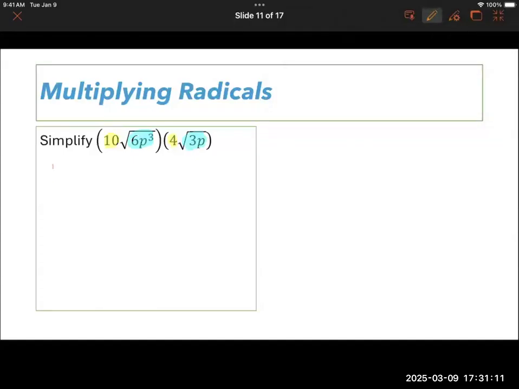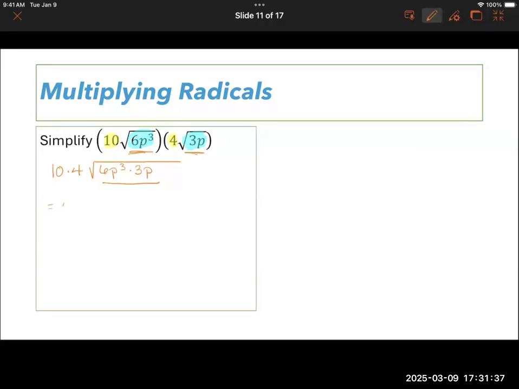So we're going to have 10 times 4, and then inside the radical, we'll have 6p cubed times 3p. Okay, and notice that I took these two separate radicals and I combined them into one radical.